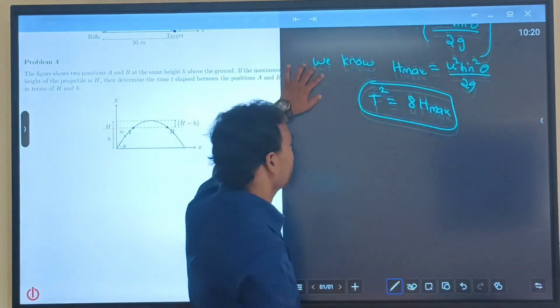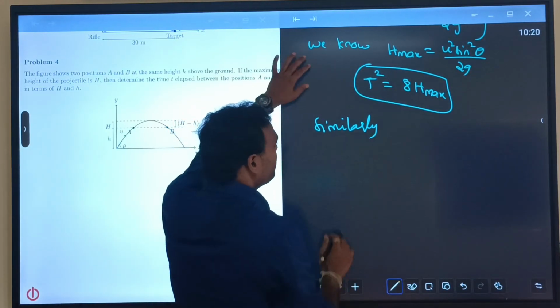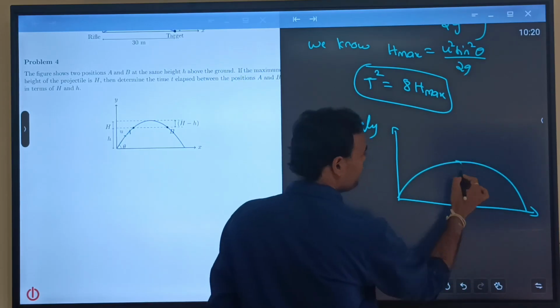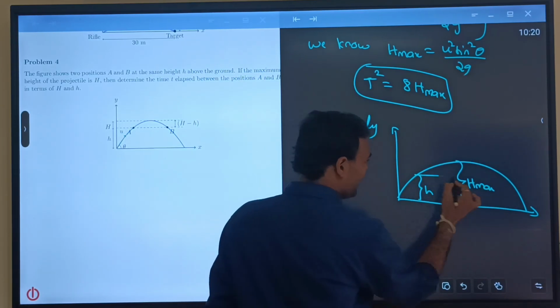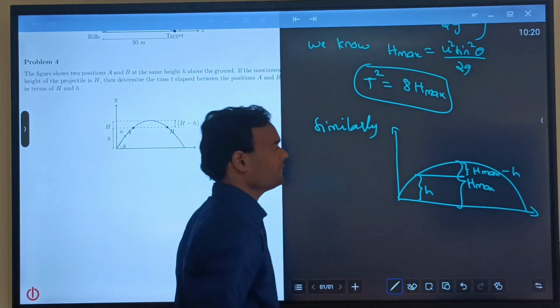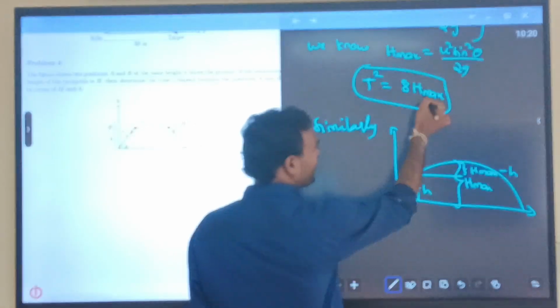Now similarly here, if it is h max and this is h, this length will be h max minus h, right? Now t square is the total time that relates with the h max.